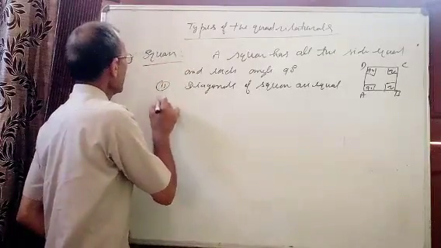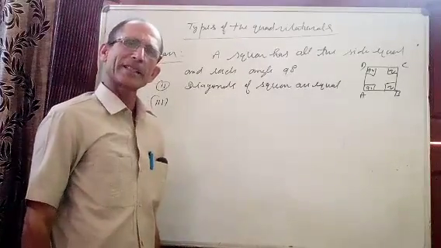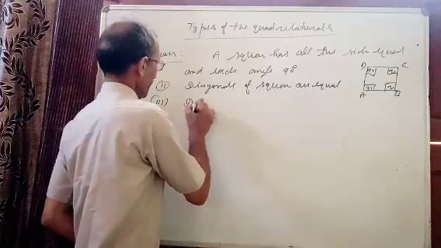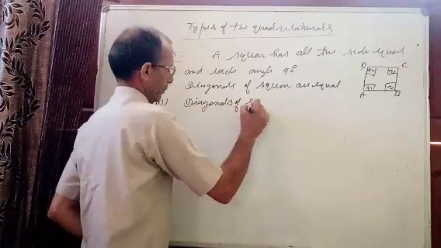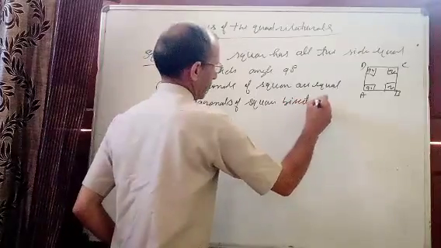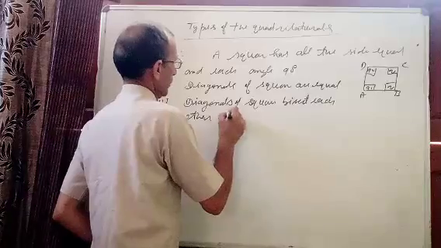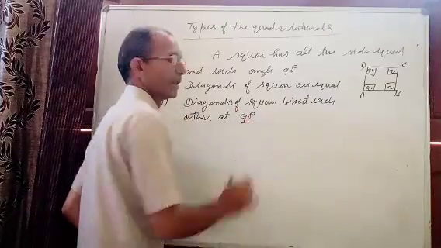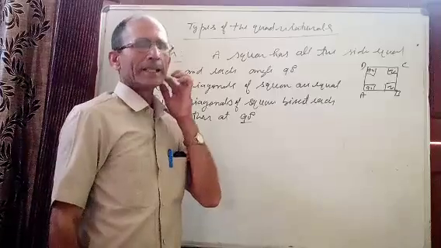Next property: diagonals of a square bisect each other at 90 degrees.